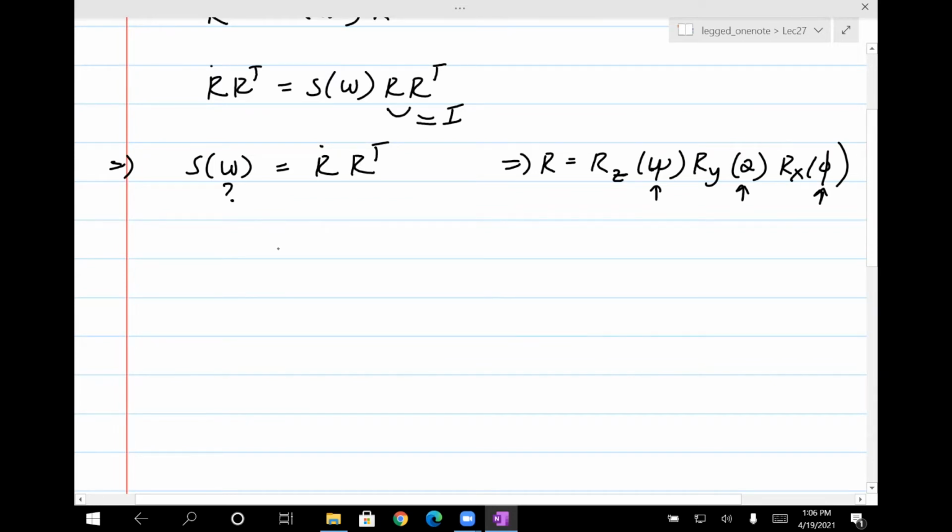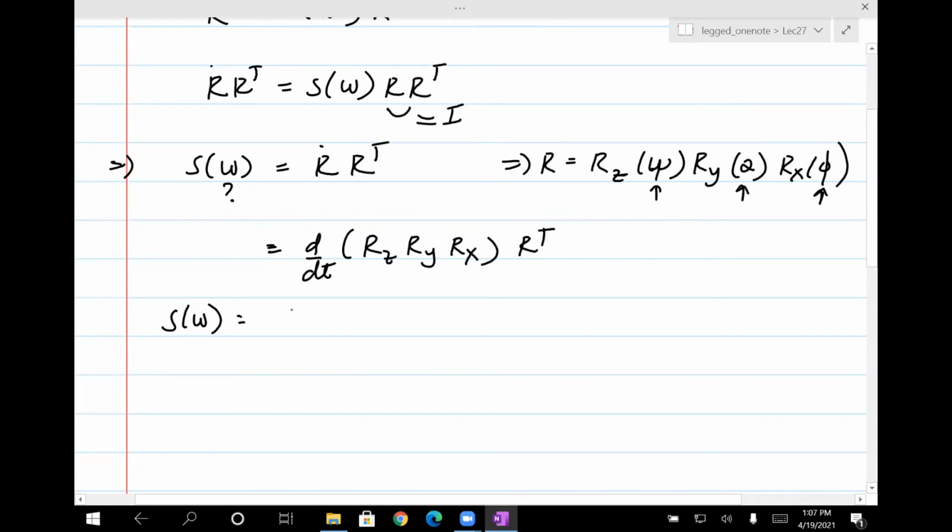So we have R dot, which is d/dt of R, which is RZ RY RX, times R transpose. And so we can write S of omega equals, now if we're doing d/dt of three terms, we need to do the individual derivative and treat the other two as constant, like we do in the chain rule.